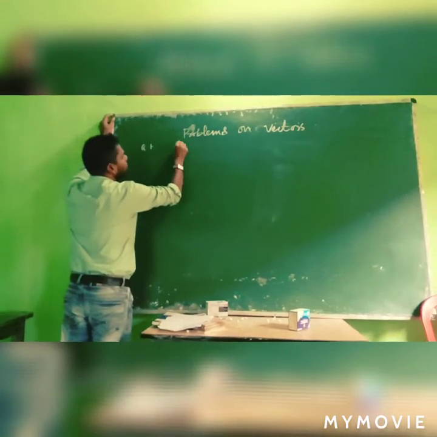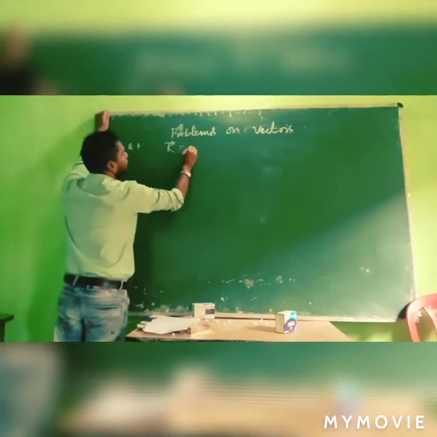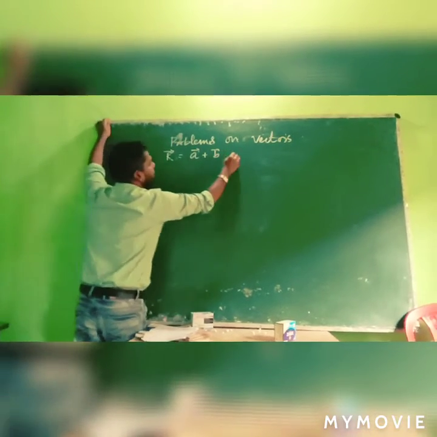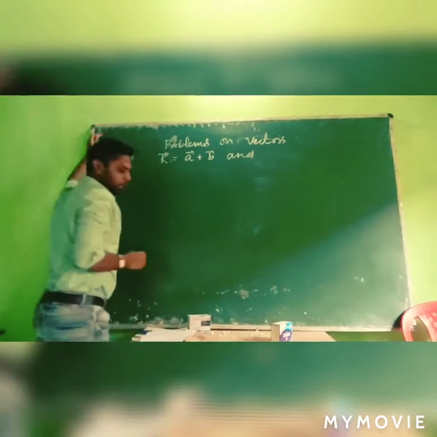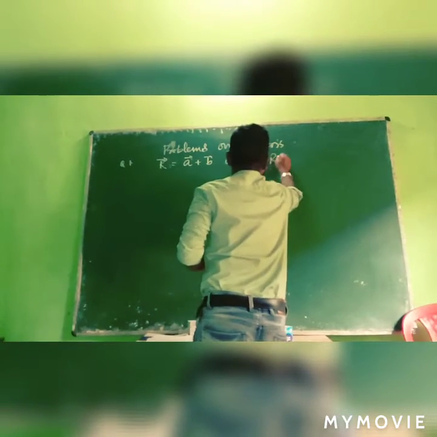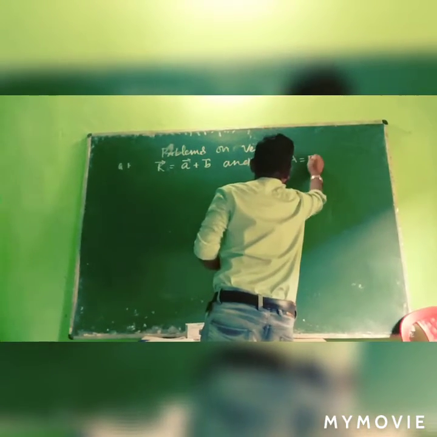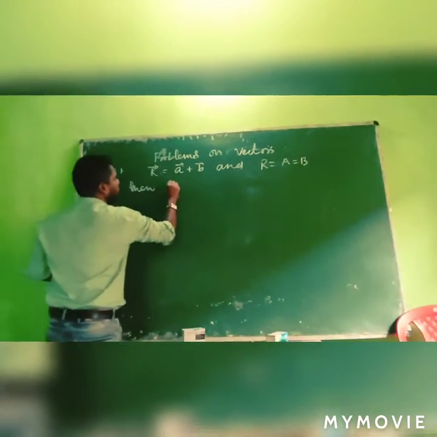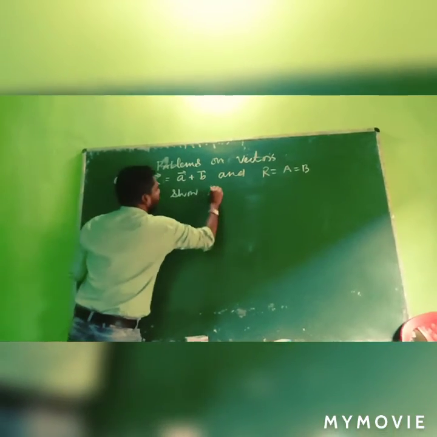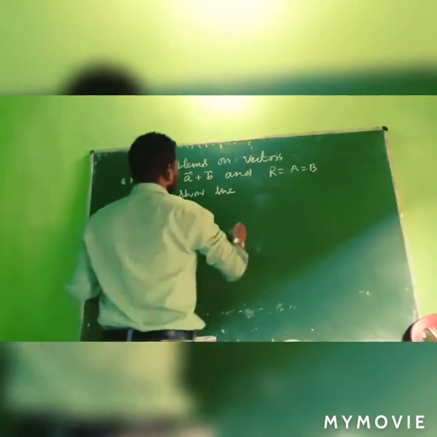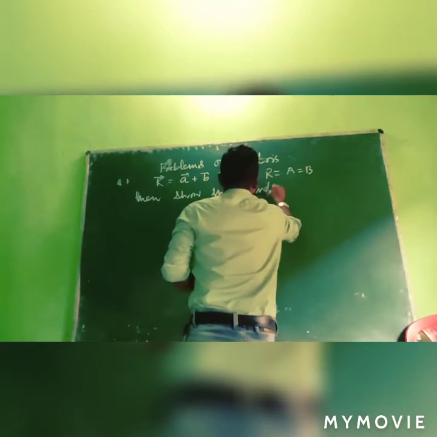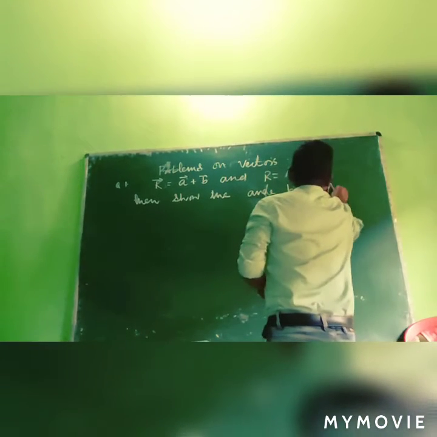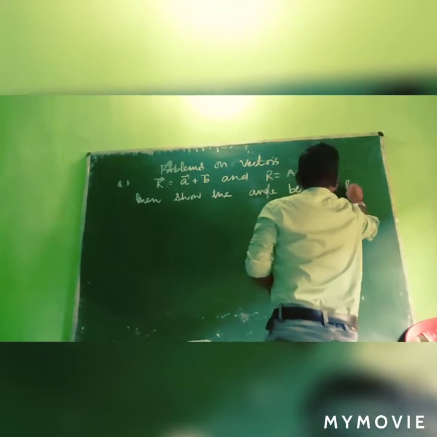If r equal to a plus b, and modulus of r equal to a equal to b, then show the angle between vector a and vector b.